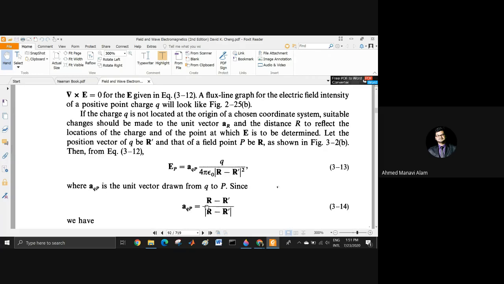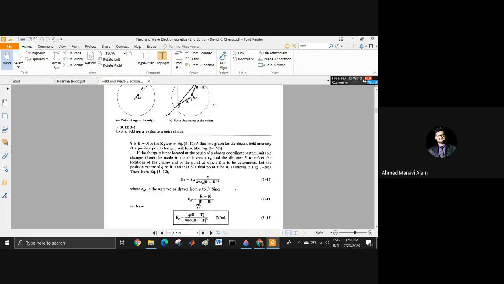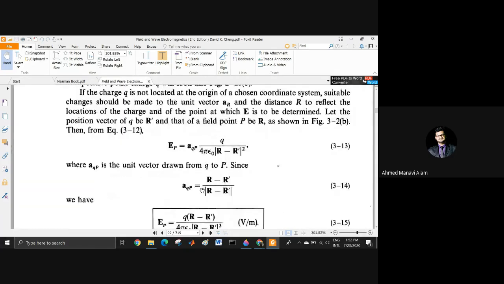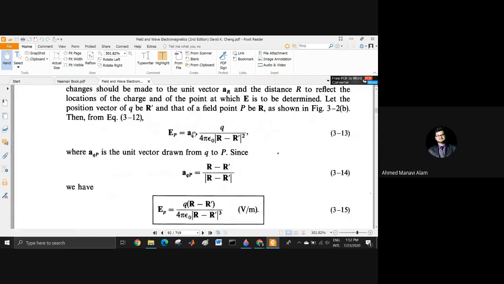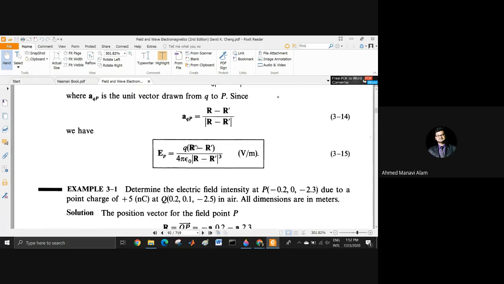So I am substituting AQP by this. Then R minus R prime will be multiplied by this, so this becomes R minus R prime cube, and here is q into R minus R prime.